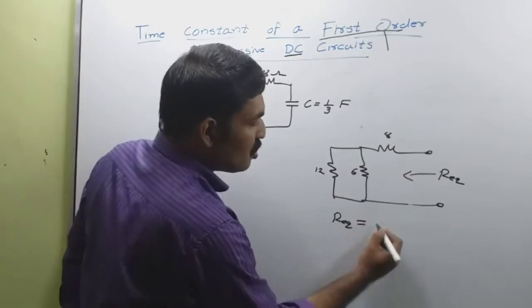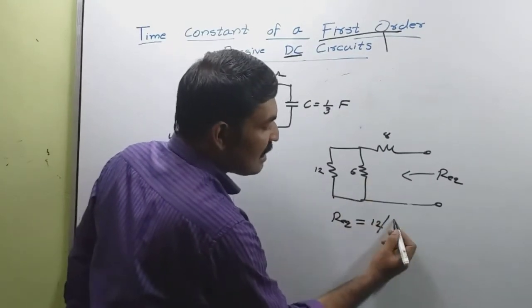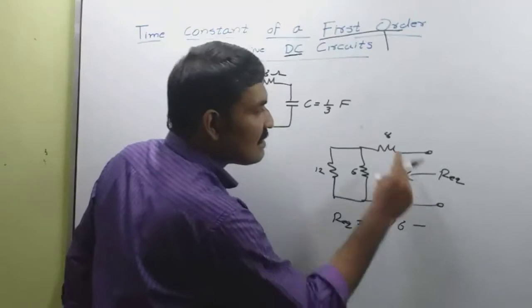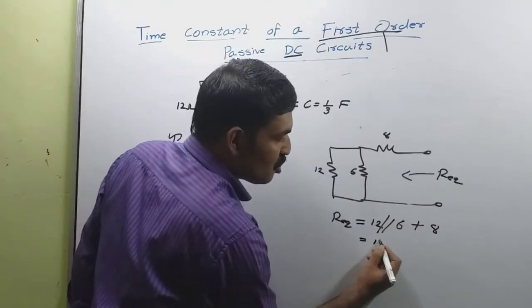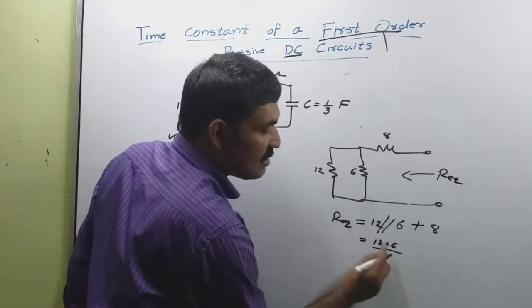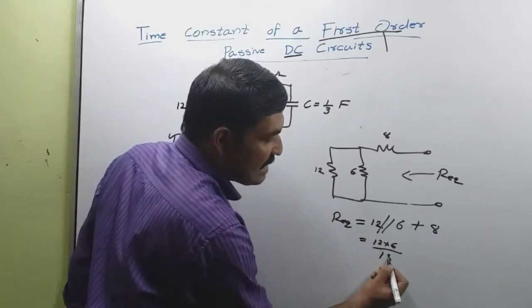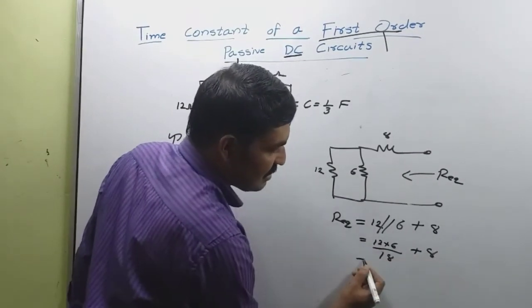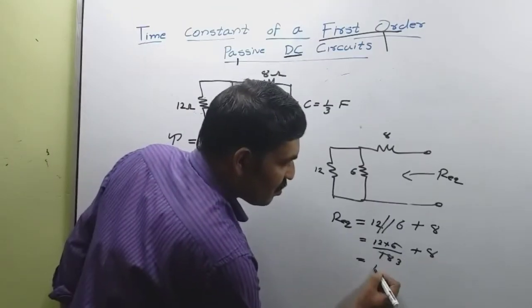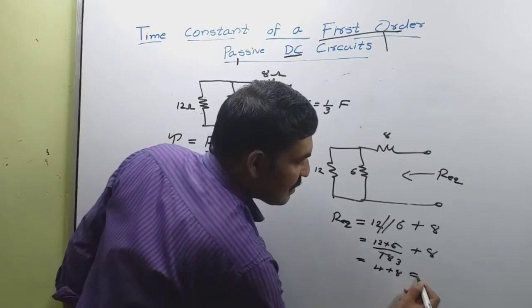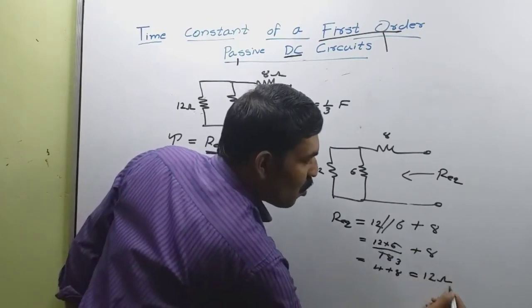So the equivalent resistance R equivalent is equal to 12 parallel 6, that is in series with 8, plus 8. So that is equal to 12 into 6 divided by 12 plus 6, that is 18, plus 8, that is equal to 3 times 4 plus 8, that is equal to 12 ohm.